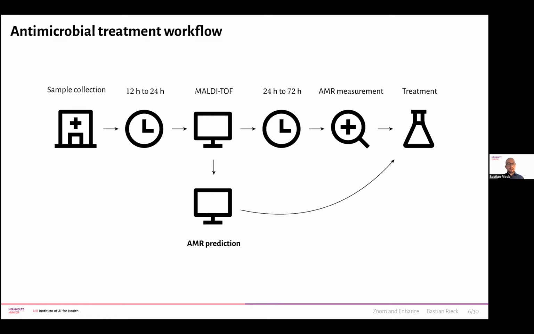And saving time for infections always means that patient well-being is ultimately increased quite a lot, because you're not doing the wrong treatment, and you're doing the right treatment as early as possible. And so that's the goal. That's the overall thing that we want to accomplish.